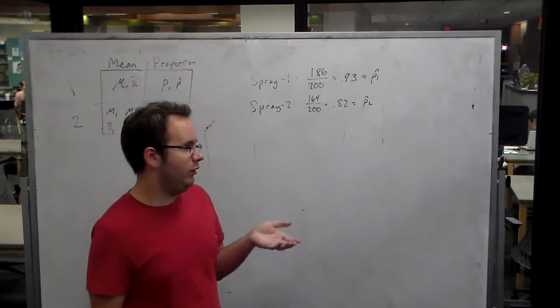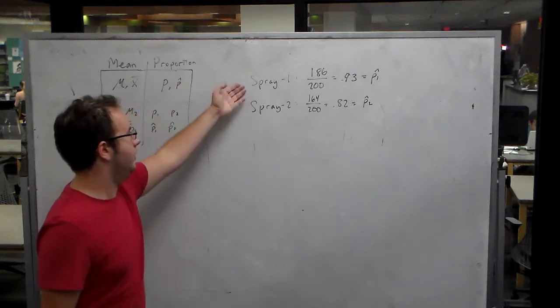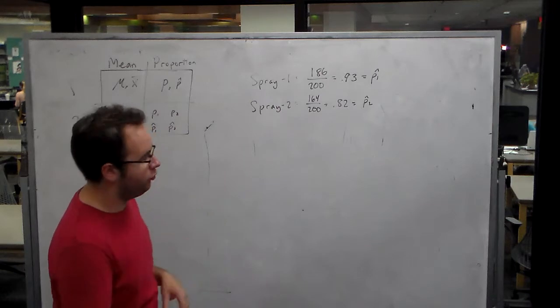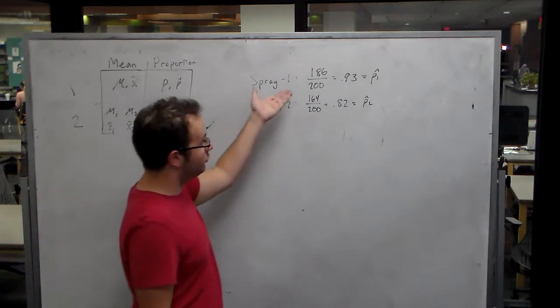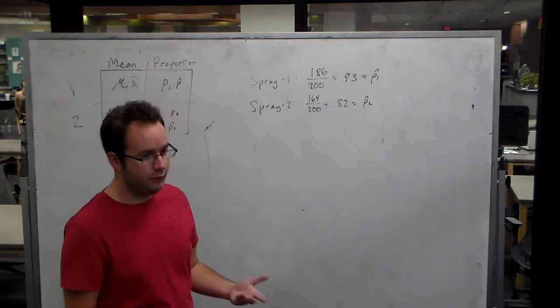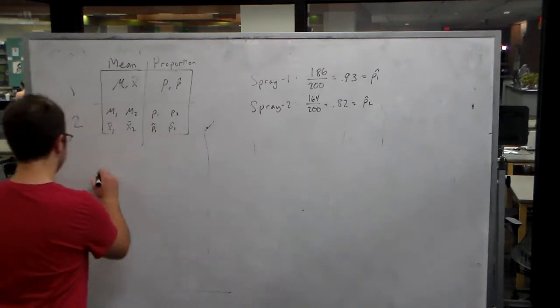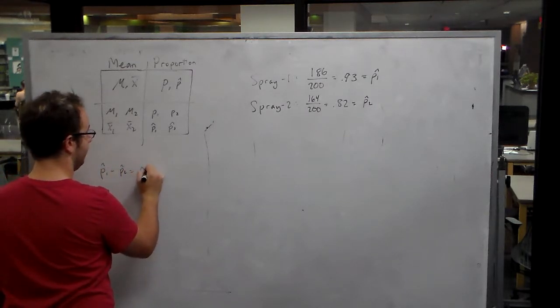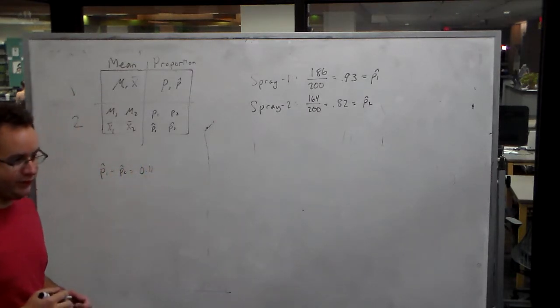We don't know what true proportion would come out if we were to spray this on millions and billions of trees. This is only a sample of 200 trees, and it seems to be 0.93, a pretty good estimate. Of course, that estimate gets better the larger the sample. It's just as easy as P1 hat minus P2 hat equals 0.11, and that's called a point estimate.